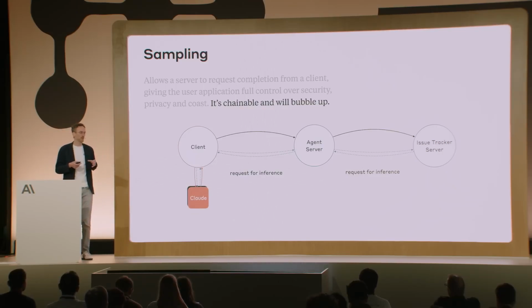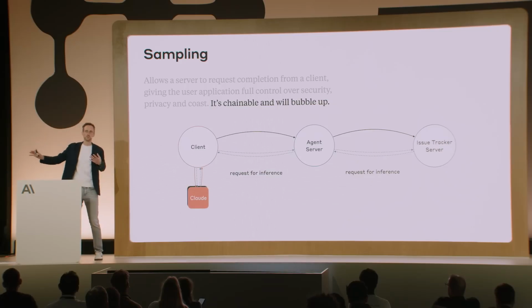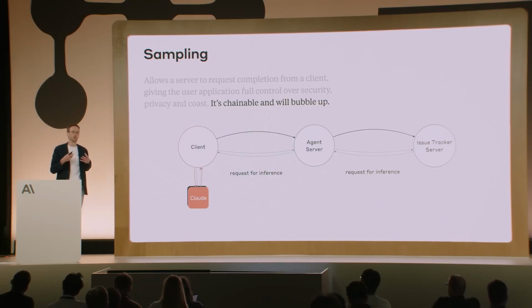It's a bit abstract. You can take an MCP server that exposes a tool, but during the tool execution, you might want to use more MCP servers downstream. And somewhere downstream in this system, there might be your issue tracker server that wants to have a completion. But using sampling, you can bubble up the requests such that the client always stays in full control of the cost of the subscription, whatever you want to use.